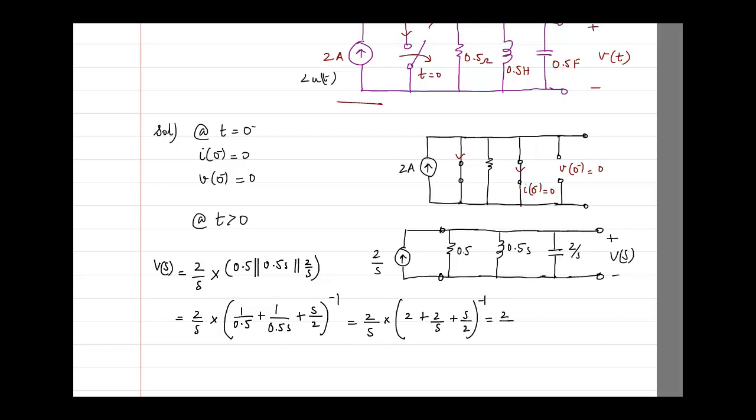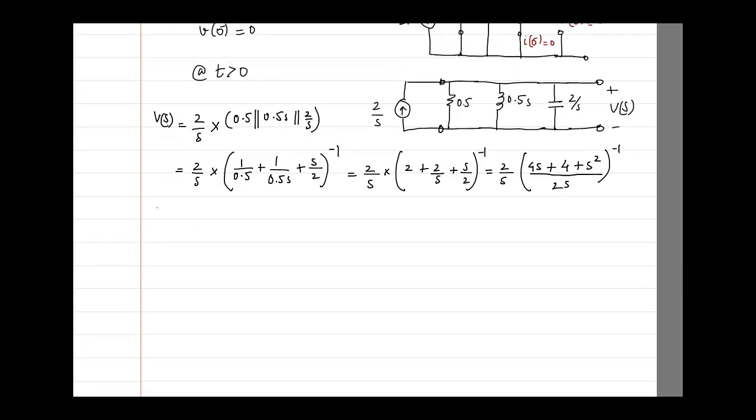Now for adding the fractions, this will become 2 into 2s, which is 4s, plus 2 into 2, which is 4, plus s square, divided by 2s, inverse.